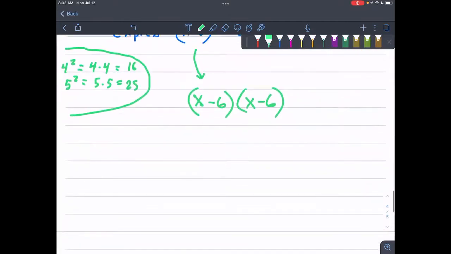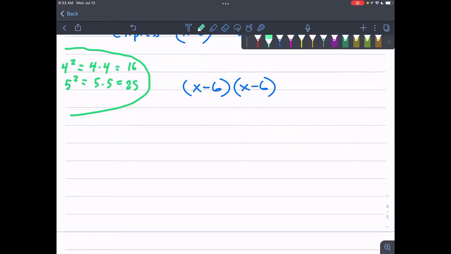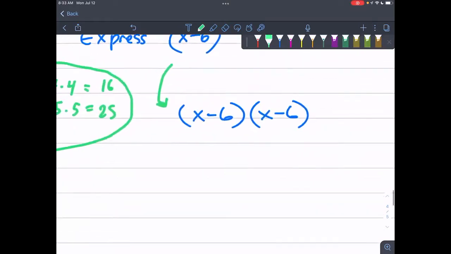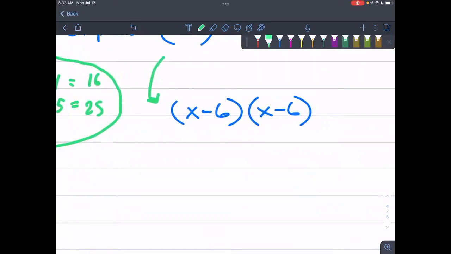And let me write this in blue. So x minus 6 times x minus 6. And we've already spent some time on how to solve that.